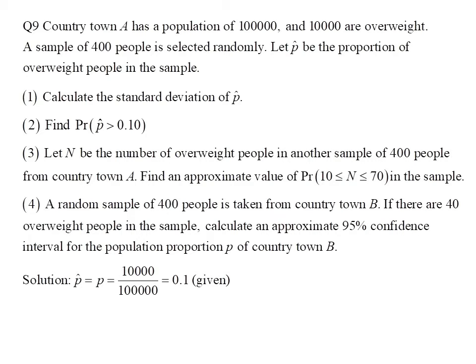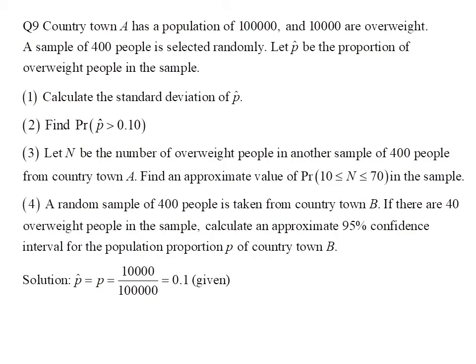Now, since the population is large, the sampling distribution of the sample proportion can be determined by assuming the variable x is a binomial random variable with the parameters n and p. According to the given information, the sample proportion is equal to the population proportion, which is 0.1 in this case.